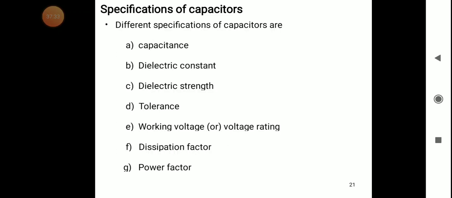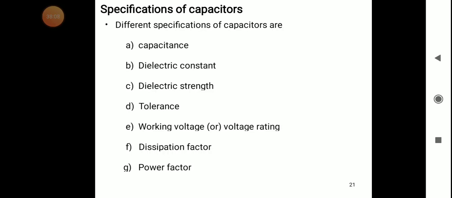A specification says what the component has: how much capacity, what materials we are using, what the material strength is, what its tolerance is, what its working voltage is, what its dissipation factor is, what its power factor is. Like that, the total behavior, total values, and total information about that particular component is given by the specification.